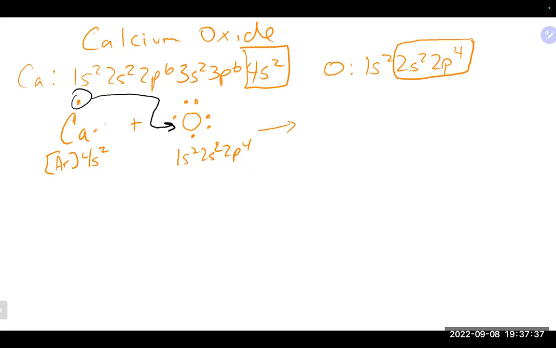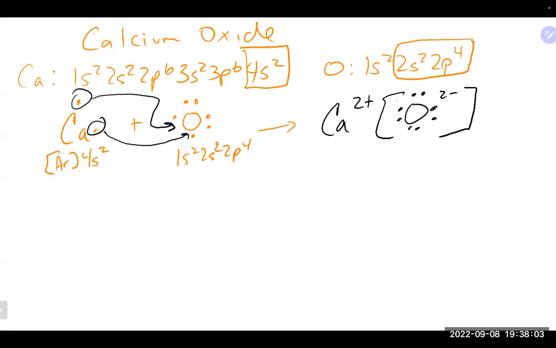So the second electron here will also come over to our oxygen. The result at that point is our calcium will now gain a +2 charge, as it has lost 2 electrons. Our oxygen will then pick up those 2 electrons, and that's going to fill it out. It also, because it picked up a couple of electrons, will end up with a -2 charge.